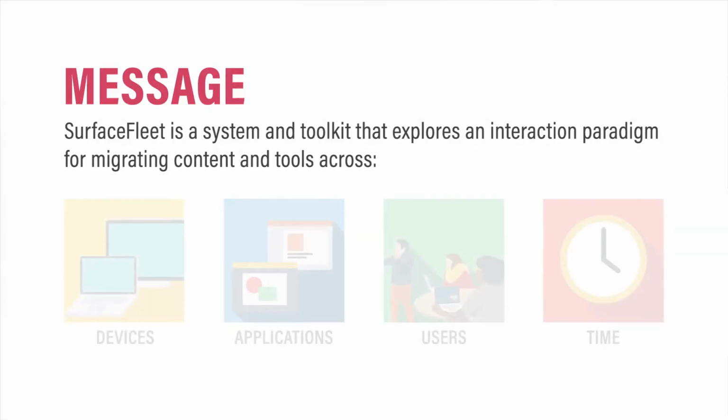Now, at the same time, we have more and more devices all around us, including tablets, laptops, large displays, desktops, and so on, which means that perhaps the future is more about the mobility of user activity rather than a particular device. And so as a result, we believe that this puts together a society of technologies that establishes meaningful relationships amongst the members of a society, where the interactions are unbounded from devices, applications, users, and time.